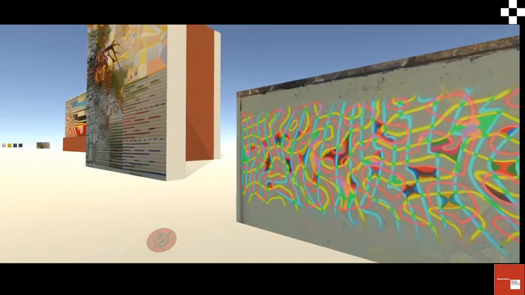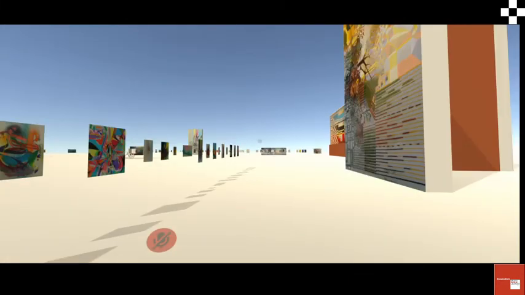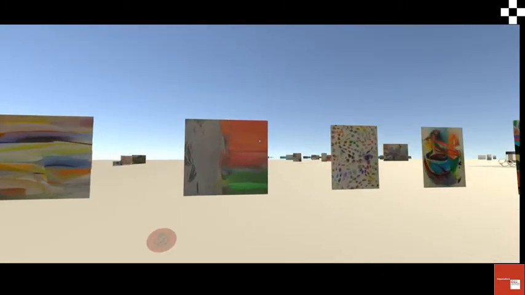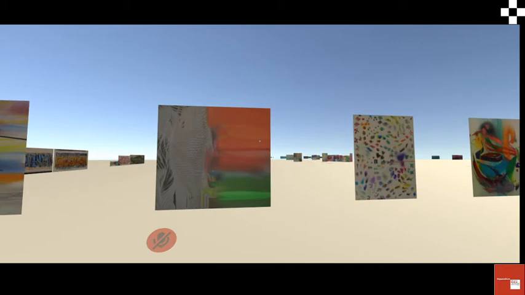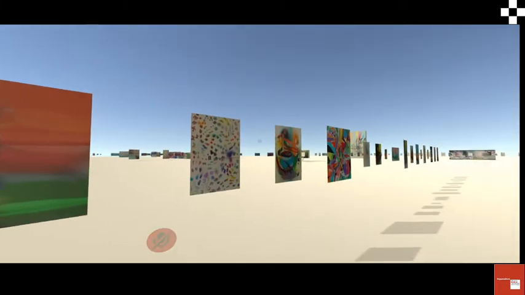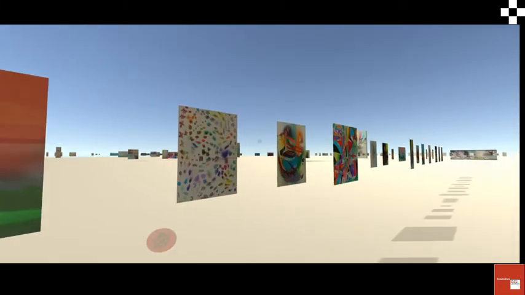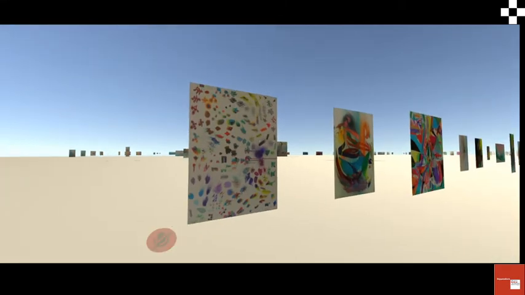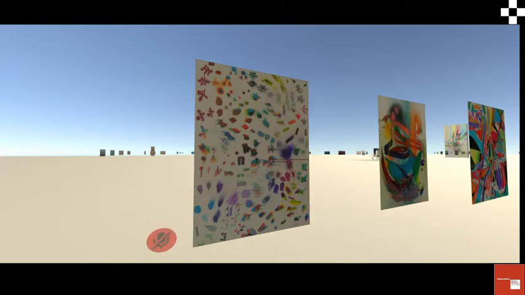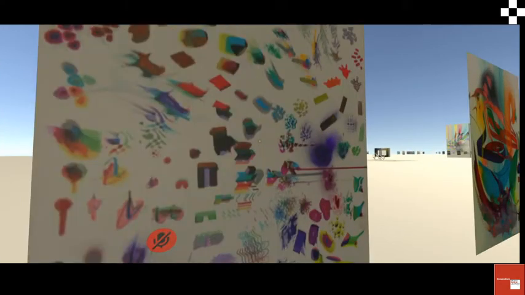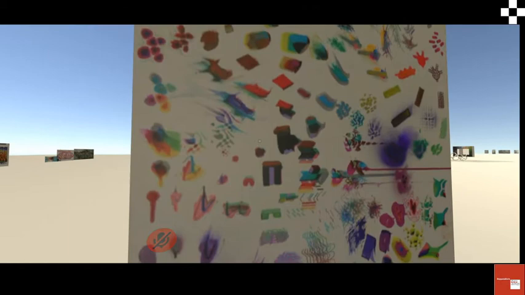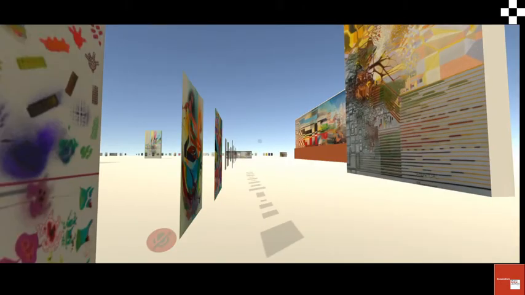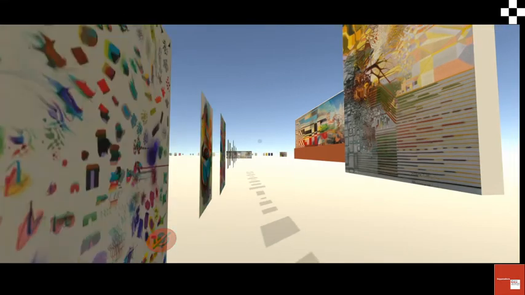So it was a time of a lot of experiments. Also, this is a very interesting, but maybe not so pretty, painting from that time, 2011. It is called Random Forms and Their Children.